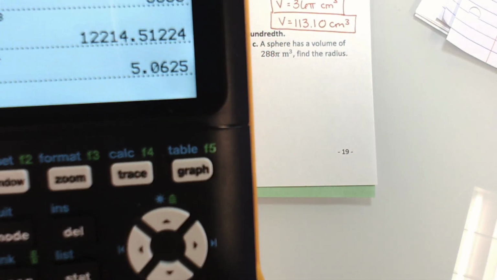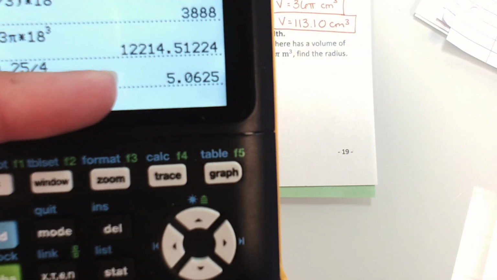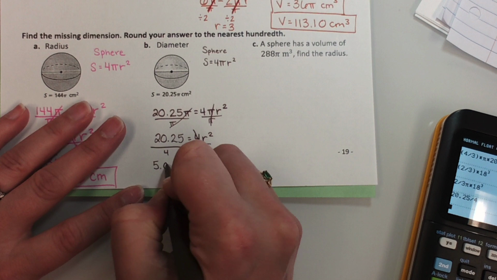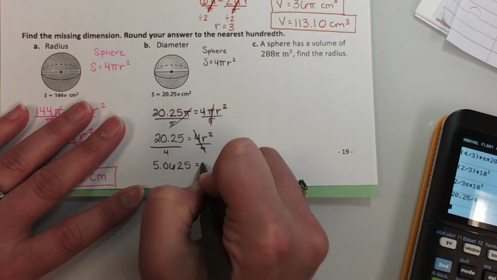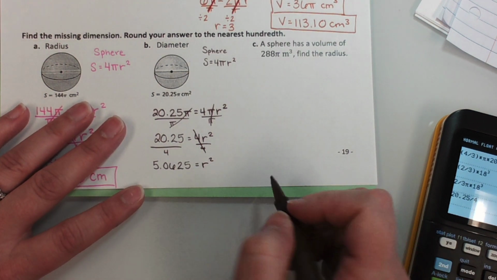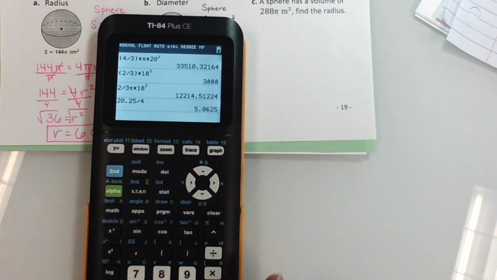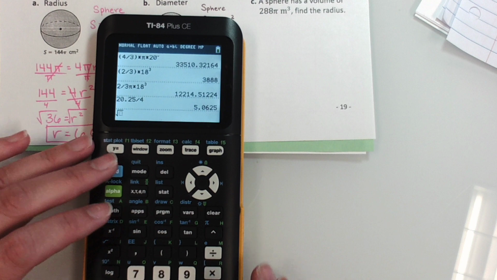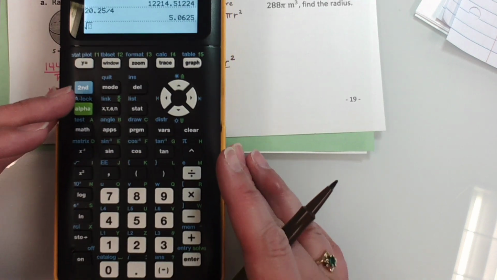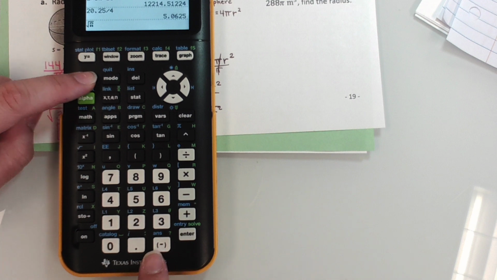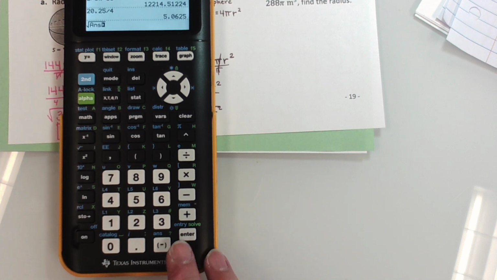That's not that hard to write down that entire number. 5.0625 equals r squared. Square root. And the nice thing, even if it was an ugly number, remember on your calculators, you can always plug in the previous answer. I click the square root symbol, I hit second and the negative symbol, and it puts the previous answer in.